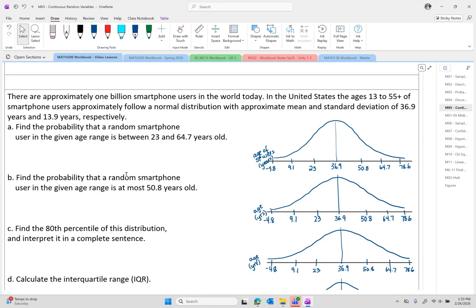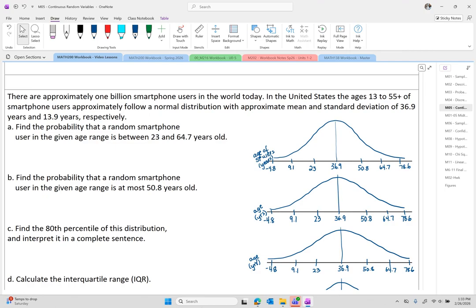In the United States, the ages 13 to 55 plus of smartphone users approximately follow a normal distribution with approximate mean and standard deviation of 36.9 years and 13.9 years respectively. We are asked to find some probabilities and find percentiles.